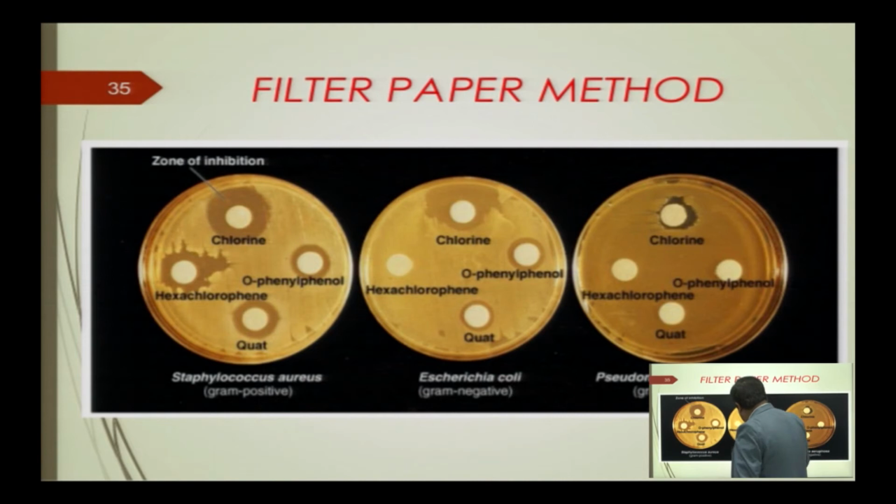In the middle dish, we flooded it with a gram negative culture of Escherichia coli. That means hexachlorophene was effective when gram positive Staphylococcus aureus was the infective organism. Unfortunately, it was not effective when the culture was E. coli or any gram negative as such. Particularly against E. coli, hexachlorophene does not have any antimicrobial action.